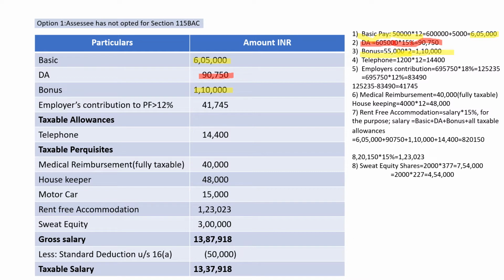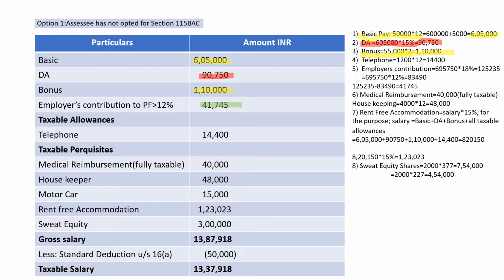Greater than 12% will not be exempt. So in this problem, if you remember the question, the employer is contributing 18% of his basic plus DA, and from that you need to exempt 12%, and the remaining 41,745 will be the taxable charge.